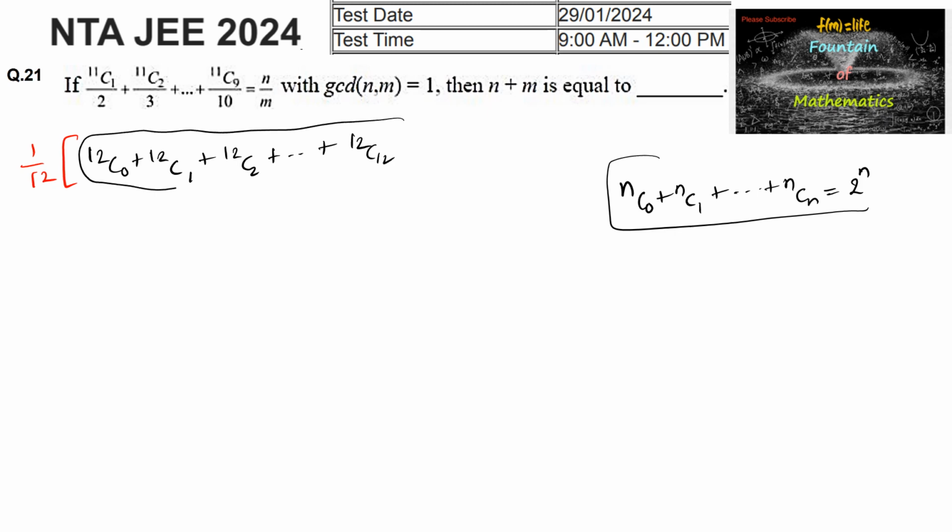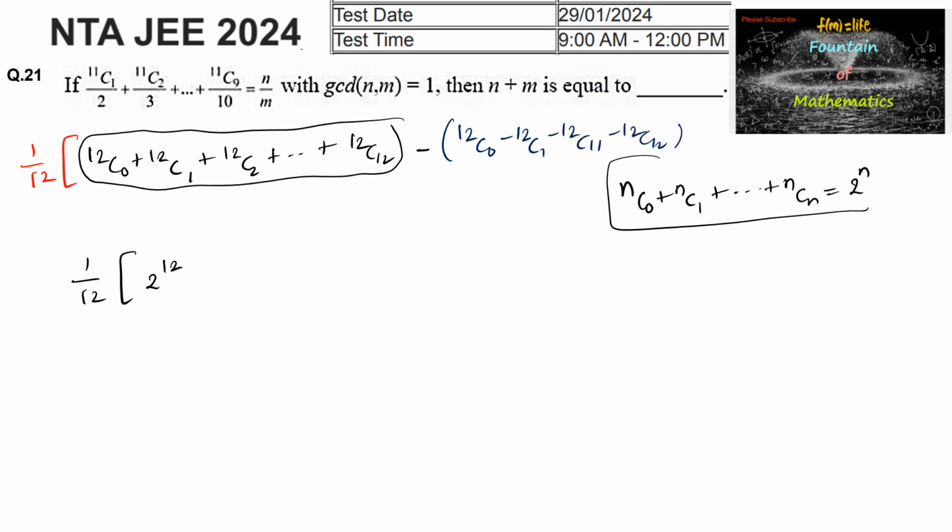We can write this as 2 to the power 12, and again minus, we are subtracting the numbers here: 12C0, 12C1, 12C11, 12C12.